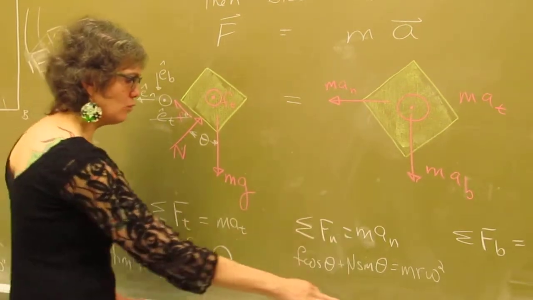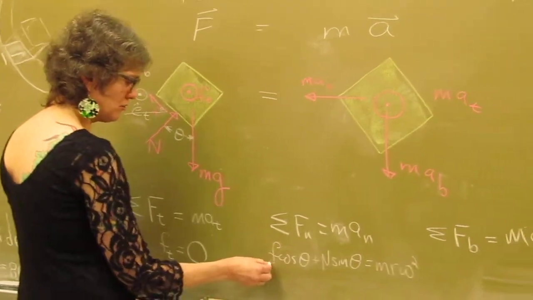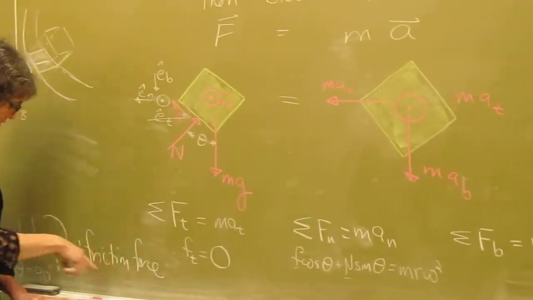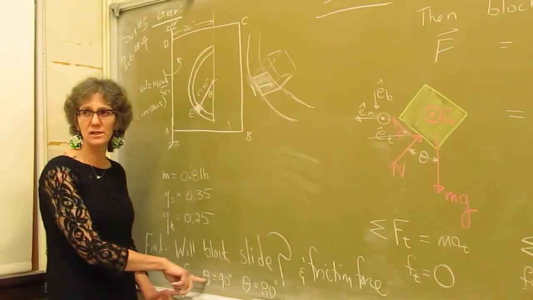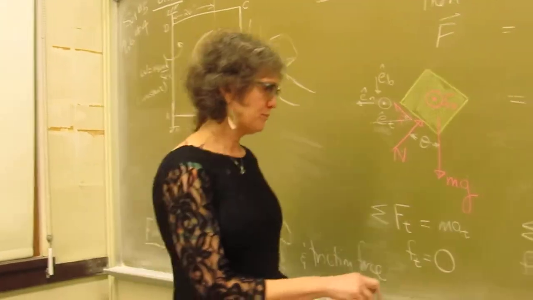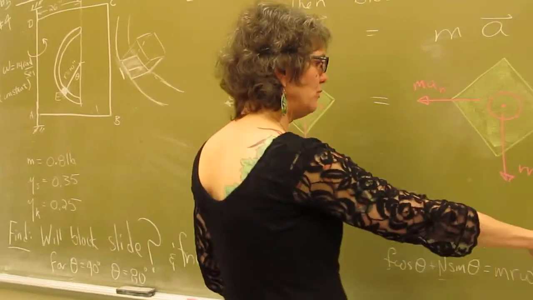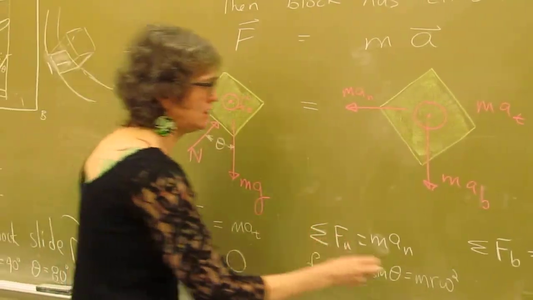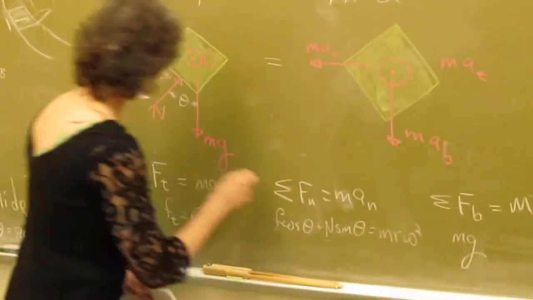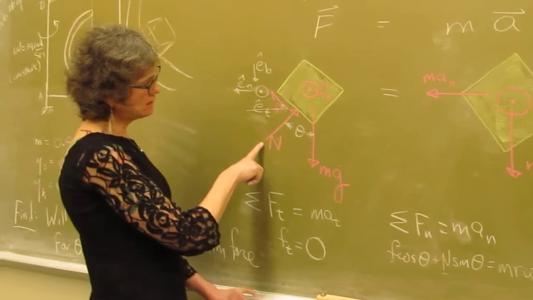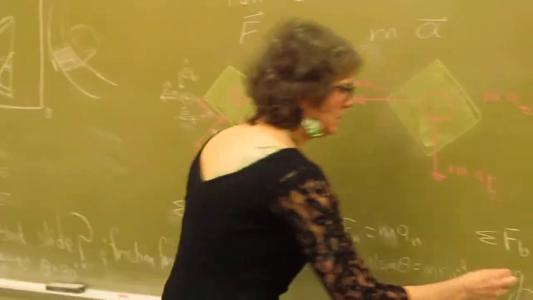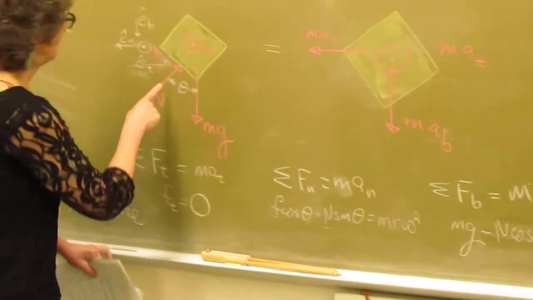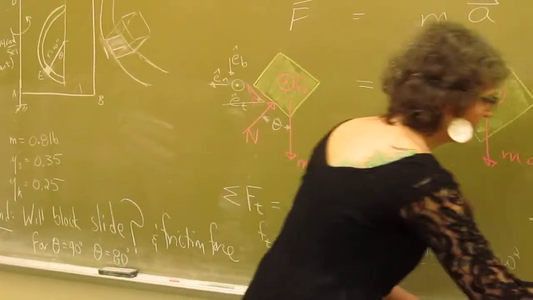So there's an equation with our unknowns F and N. Theta is not really an unknown because we're going to plug in specific values of theta. This is equation 2, and then in the binormal direction, we've got mg minus N cosine theta plus F sine theta.